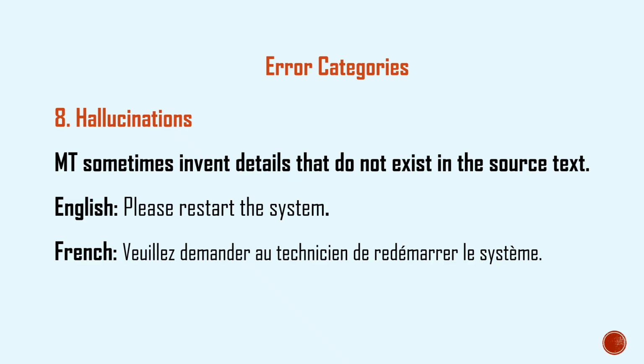A sentence like please restart the system or please restart your device may be mistranslated as يرجى التواصل مع الدعم التقني لإعادة تشغيل جهازك, where the system hallucinates technical support even though the original text does not mention it. Because hallucinations are unpredictable and often deceptive, they require careful human review to ensure the translation remains faithful to the source text.